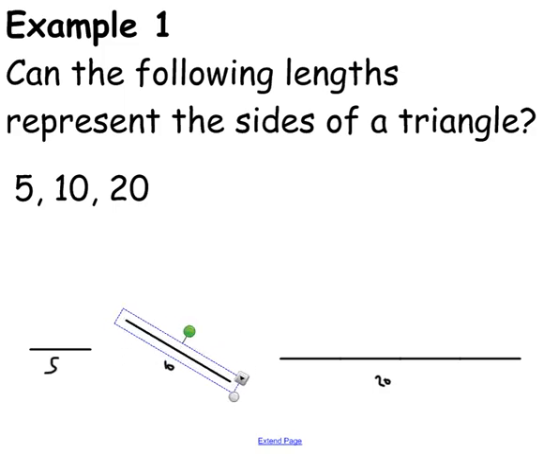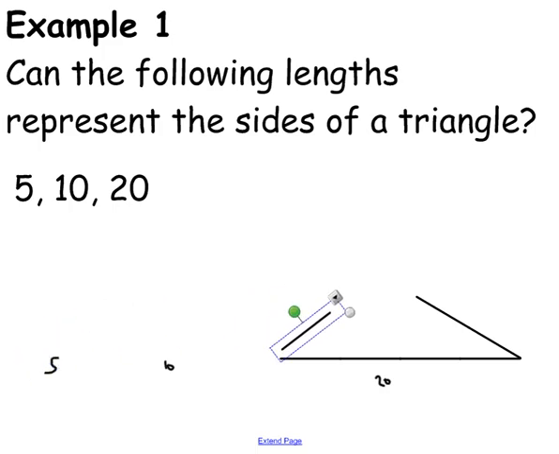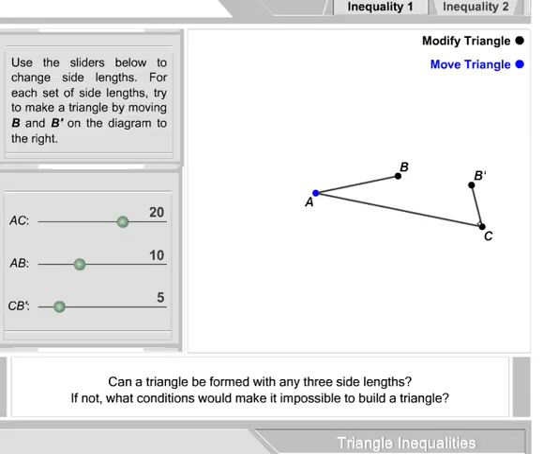So I'm going to take this line segment and I'm going to put it here. And then I'm going to take this line segment and I'm going to place it here. Now, you can see that if I try to manipulate this any way, these points here will never touch to form a triangle. And I can actually show it to you here via this website, Hot Math.